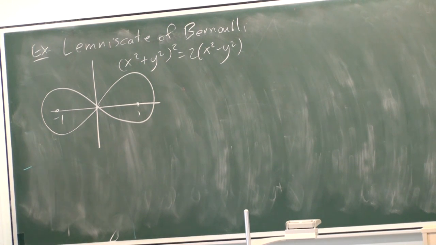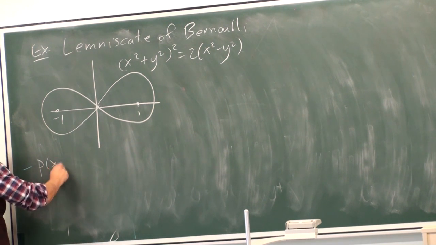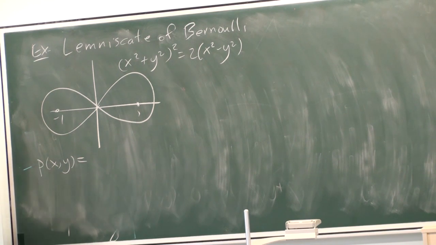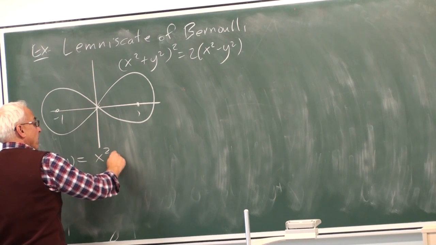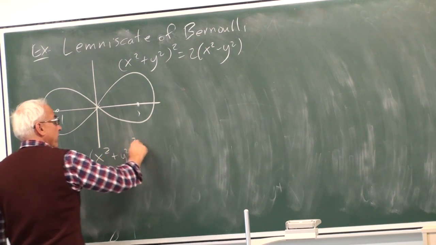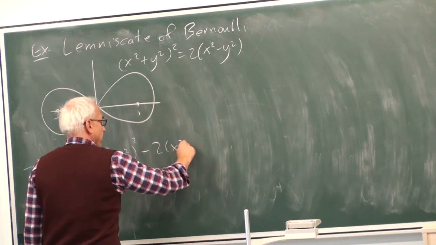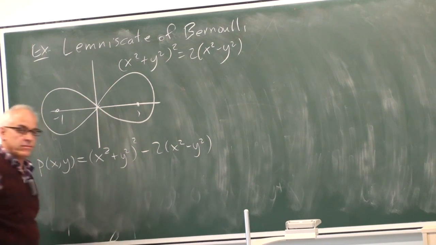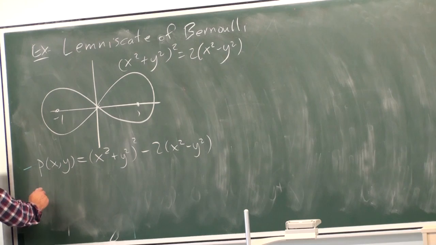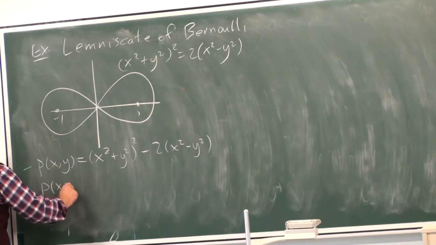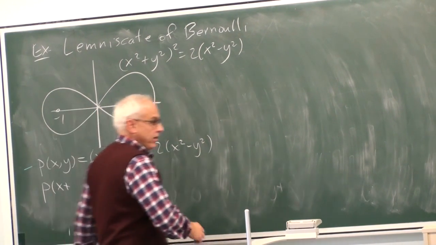Okay, if we wanted to write it as a polynomial, we should probably bring everything to one side. So we could write it as x squared plus y squared, squared, minus 2 times x squared minus y squared. All right, what are we going to do now? We're going to choose a point first, I suppose we should say.